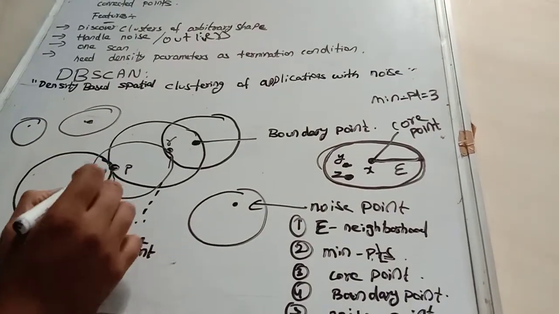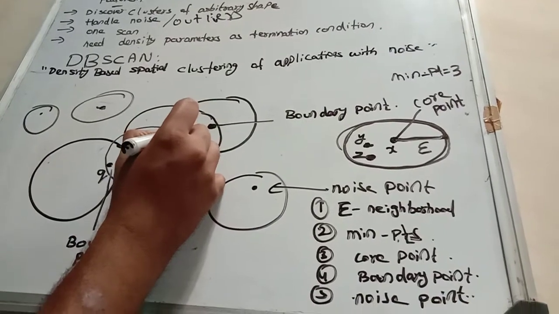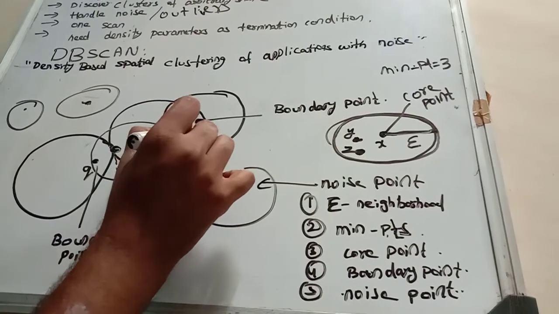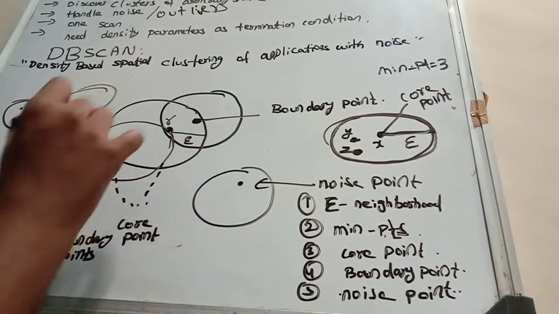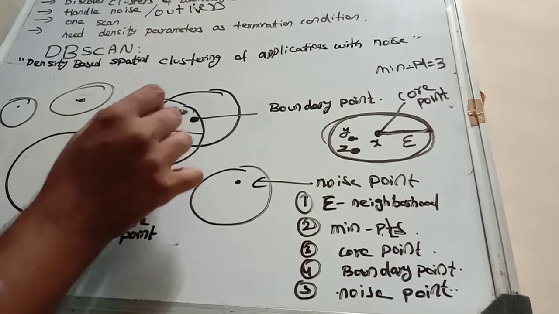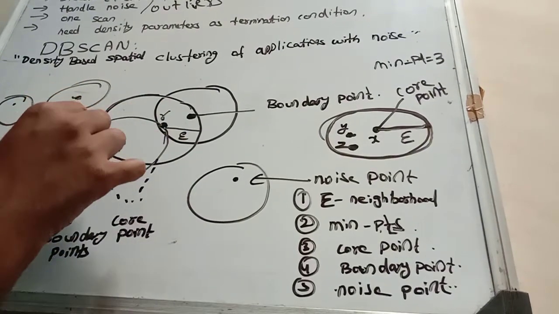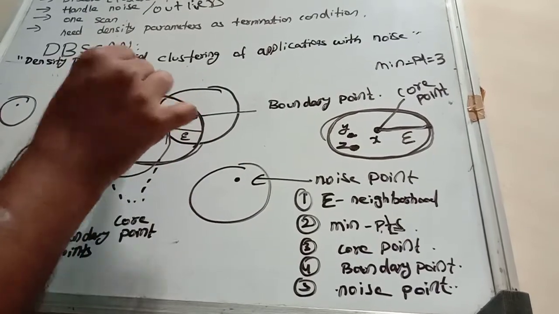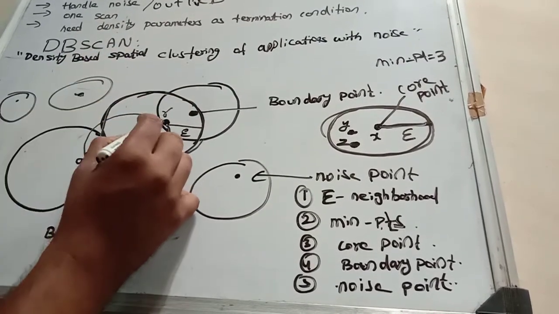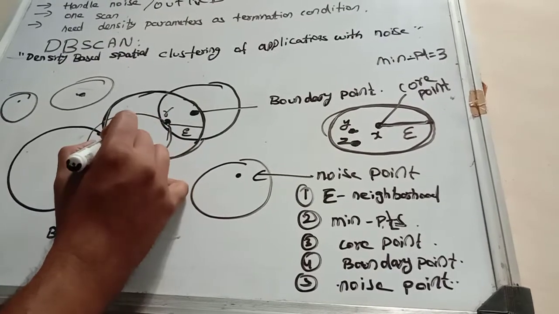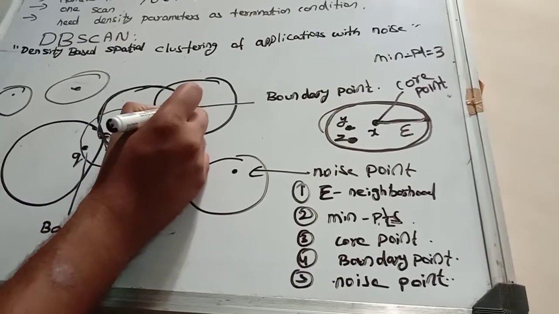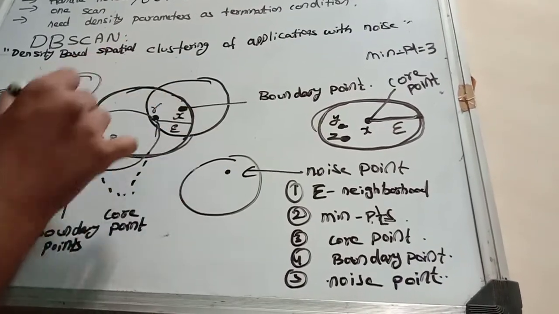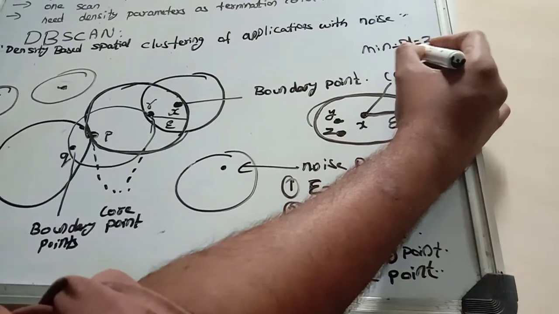If you take r, from r I am going to take some radius, epsilon, and draw a circle. Now this is the r circle. We will try to understand how many data points are there in it. r is 1 data point, p is 1 data point. Let us assume this as x, x is one more data point. What is our minimum points? 3.